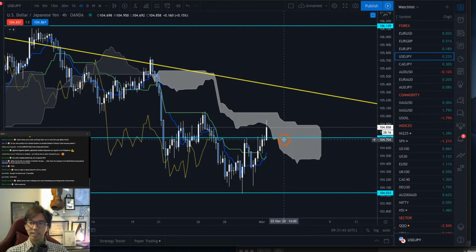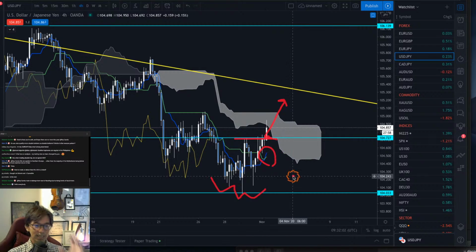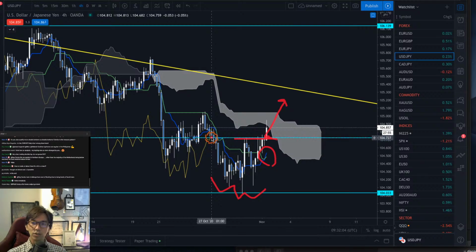There's no trend in terms of the Ichimoku five lines, but after I see this head and shoulders, and after I see this neckline breakout, I expect the market to break the Kumo upwards. And in that case, we already have this Tenkan Sen, Kijun Sen gold cross, and the Chikou span breakout is about to happen.